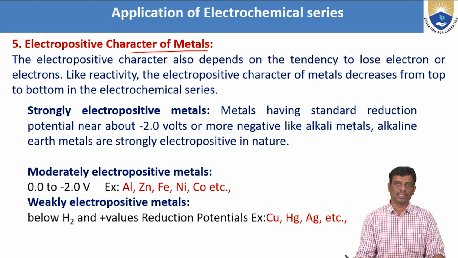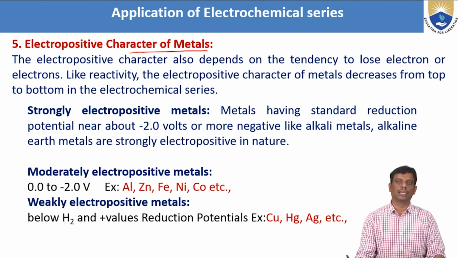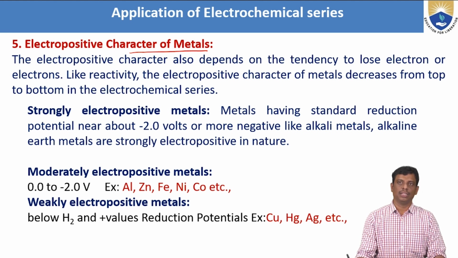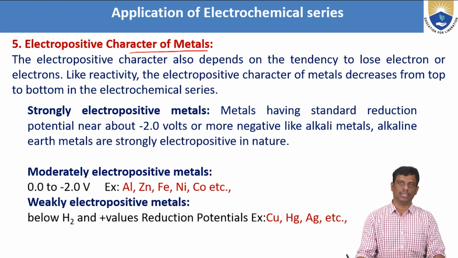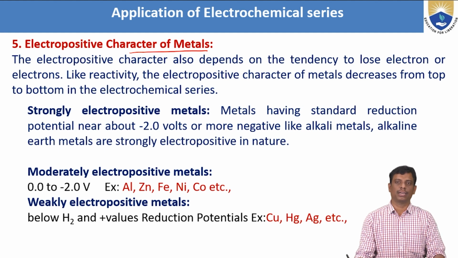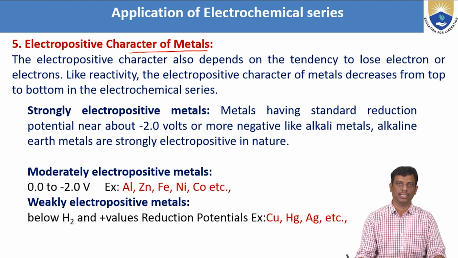So the electropositive character of metals decreases from top to bottom in the electrochemical series. It is based on reactivity, so we can identify the electropositive character using this electrochemical series.